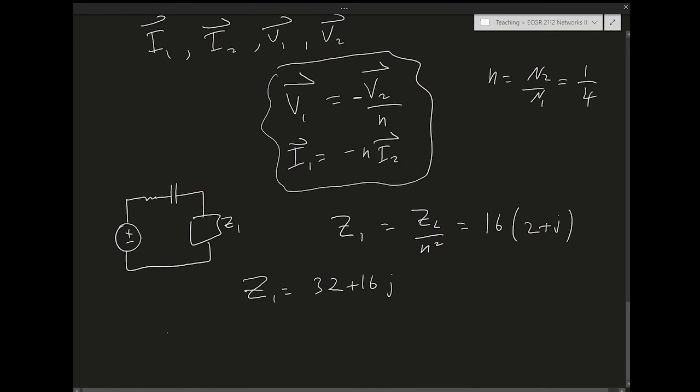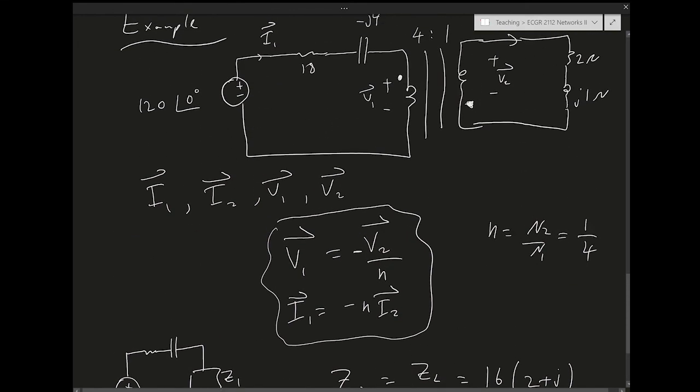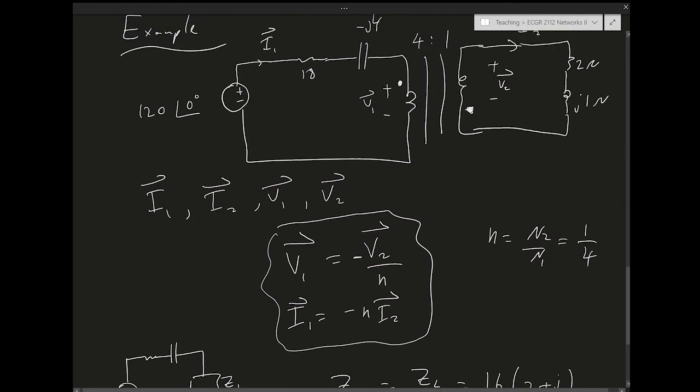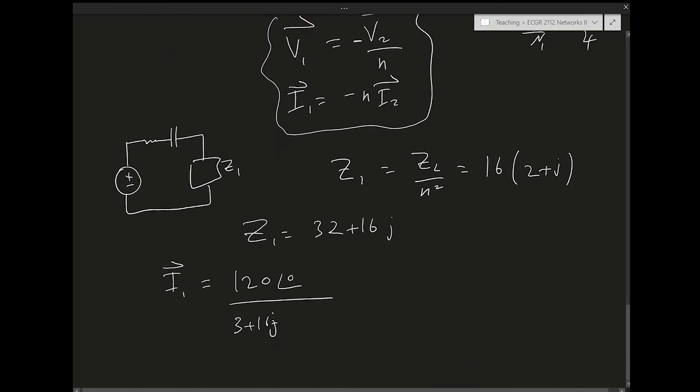Therefore, I1, that's one of the variables we want to solve for, is just going to be the voltage, which is 120, over the total impedance, over Z1, which is 32 plus 16J, plus 18 minus J4.